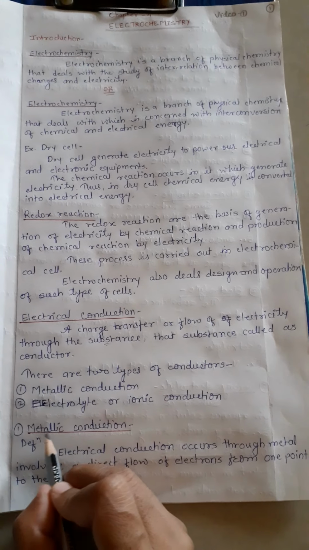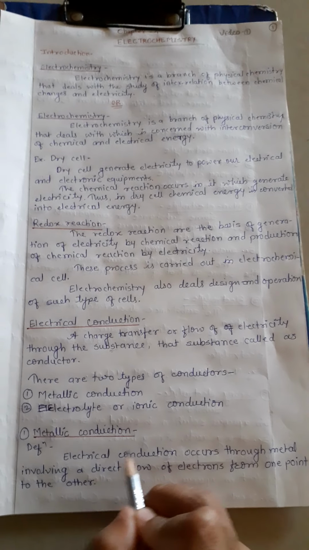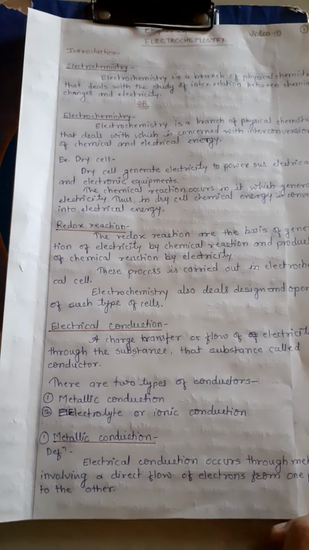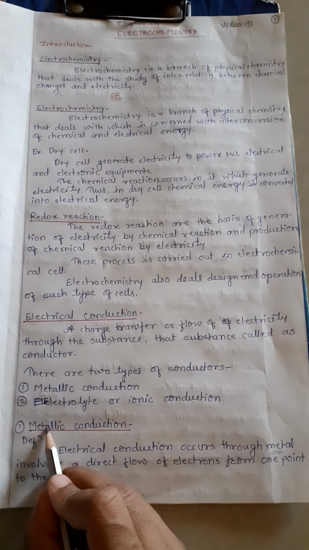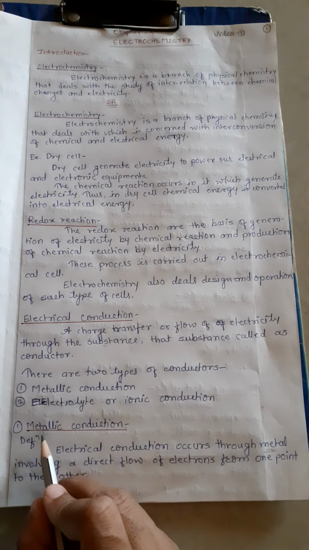Why is it called metallic conduction? Because the electrical conductance occurs through this metal. So it is called metallic conduction.